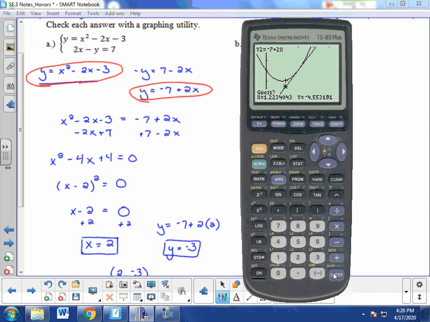Hit enter, and when it says guess, you don't have to worry about guessing, and it's going to find that point for us where they intersect. Took us a little bit. One thing we might notice here is that these numbers are rounded a little bit. Depending on where you set your locations for the intersection finder on your calculator, it might round your answer slightly. So this answer should actually read exactly -3 and exactly 2.